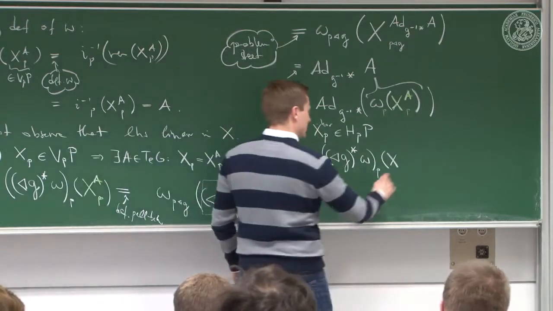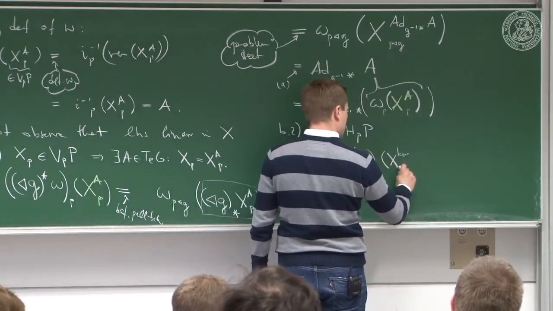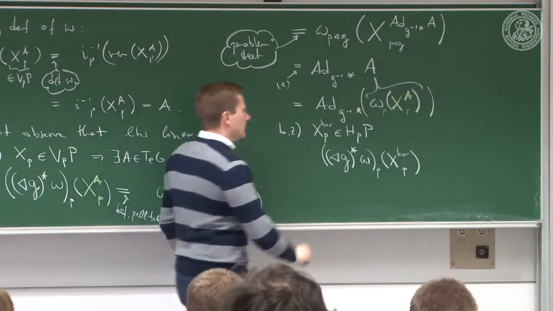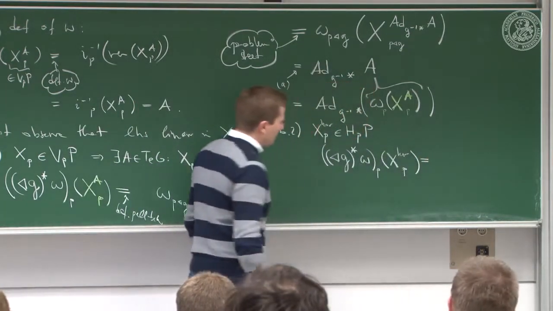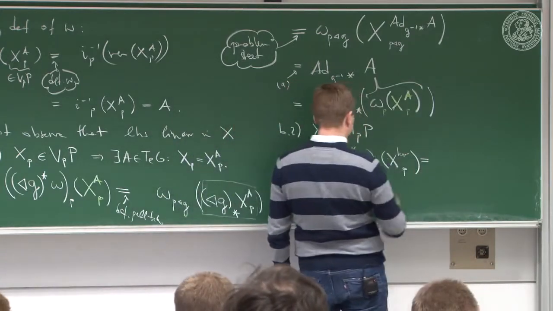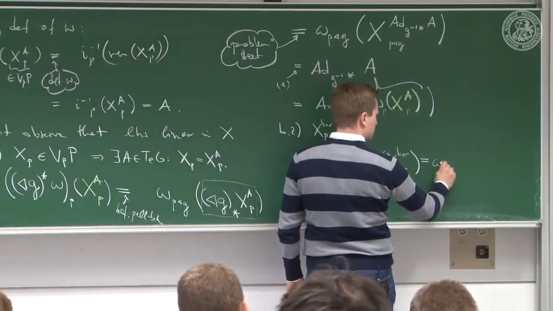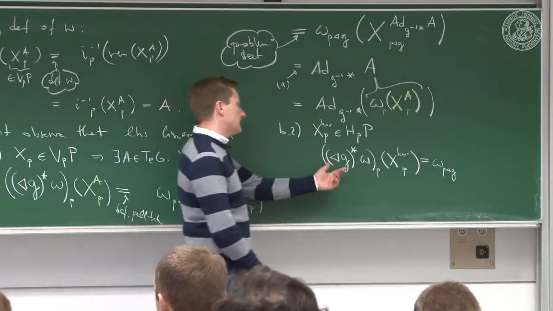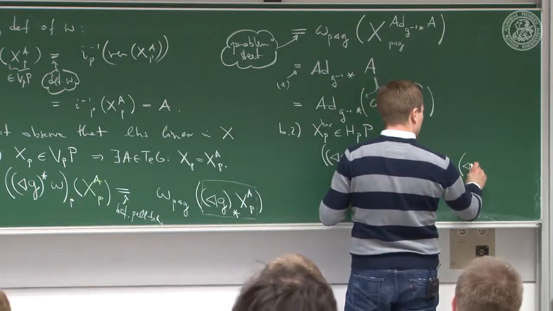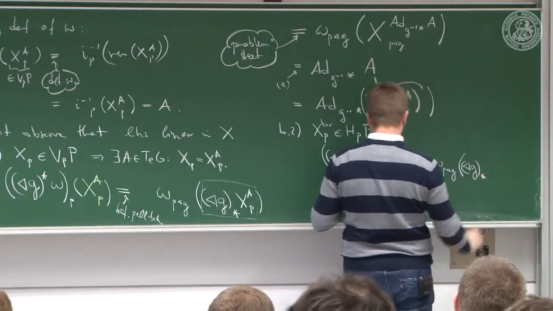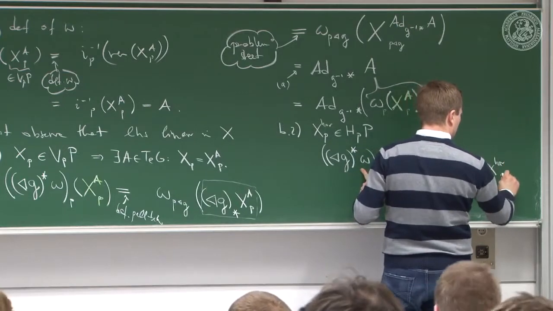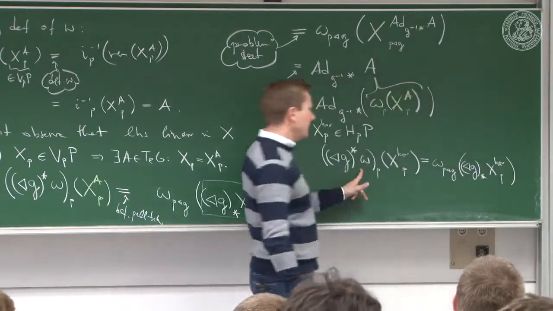It's just emphasis, x hor at point P. Now again, we use the definition of the pullback. So this is omega P acted upon from the right by a G of the push forward, G push forward acting on x hor P. Right?